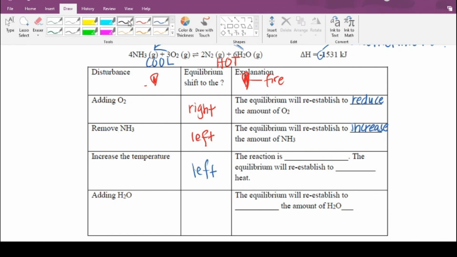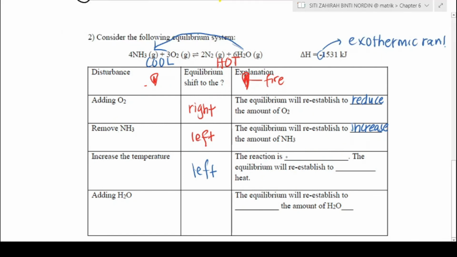You just need to explain whether the reaction is endo or exo. This is an exothermic reaction. The equilibrium will re-establish. Now we increase the heat, so we need to counter the increase in temperature by decreasing the heat, or you can say reduce the heat again.